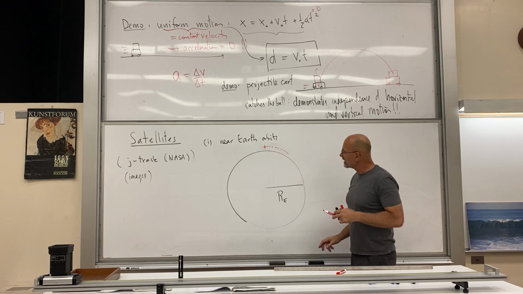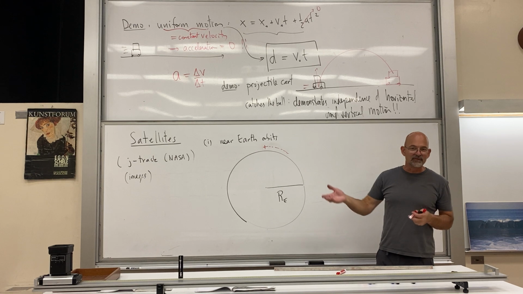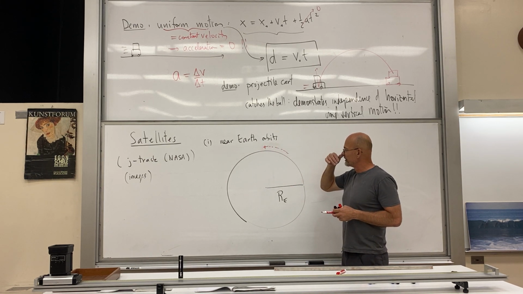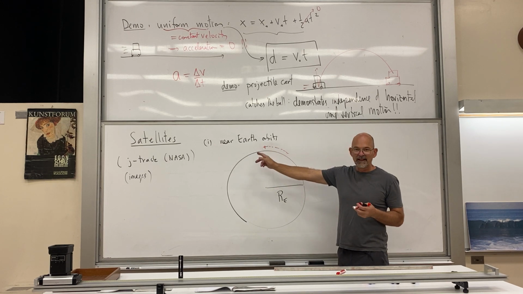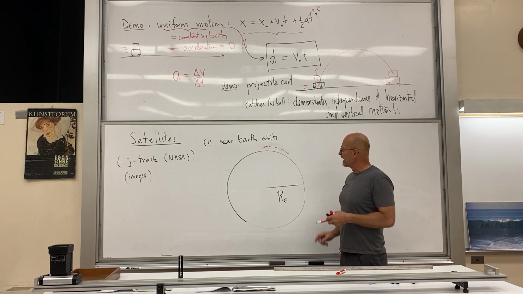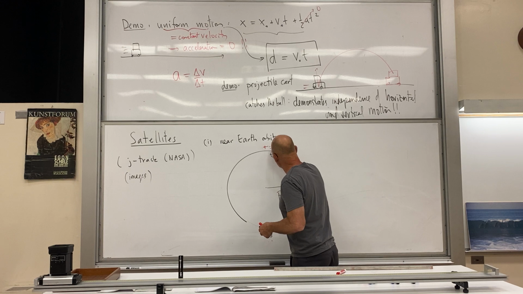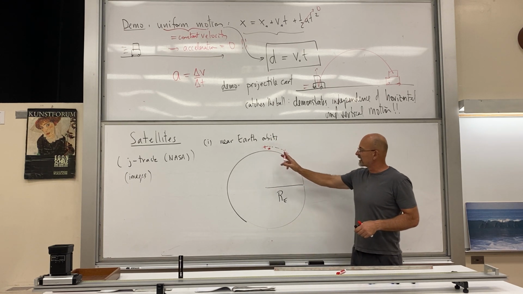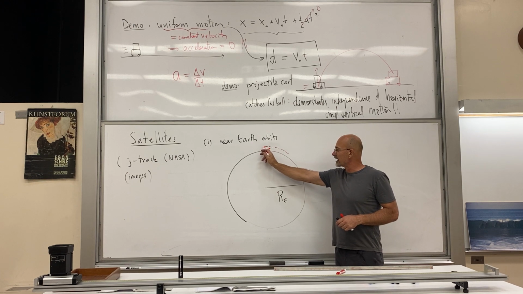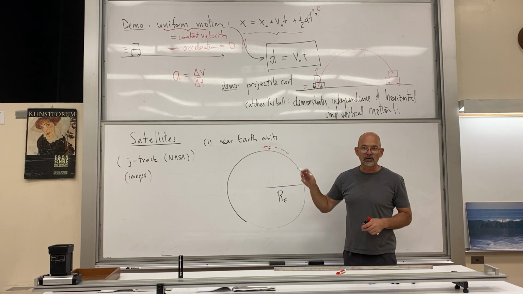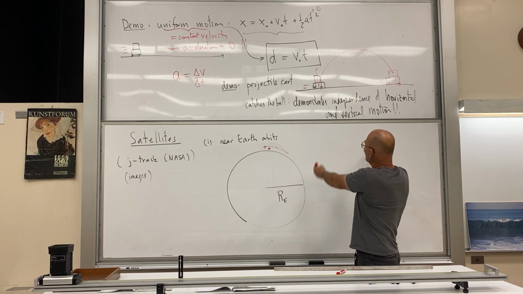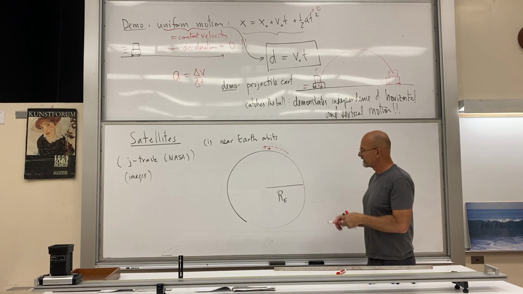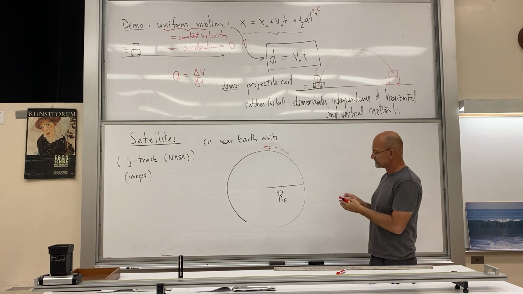So as long as the satellite is above the atmosphere, where it encounters no friction, it can move freely. And so near Earth could be even closer to Earth than my picture. And things like the International Space Station are actually up at these type of levels. They're not that far away. A couple hundred miles to San Diego, you go straight up, you're in outer space. Okay. That's one thing people aren't always aware of.